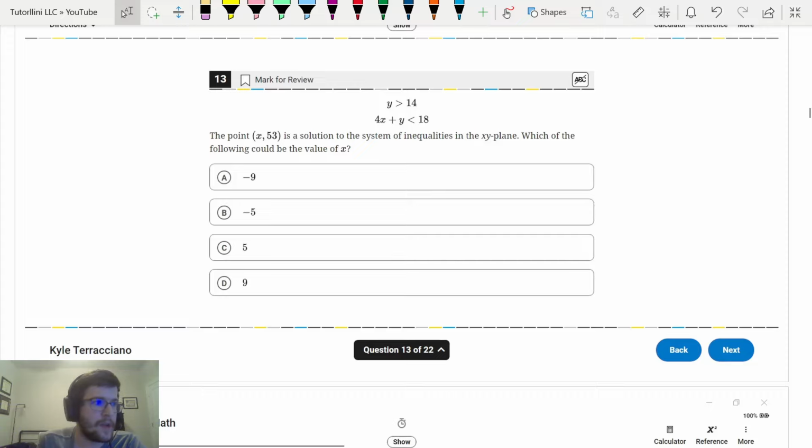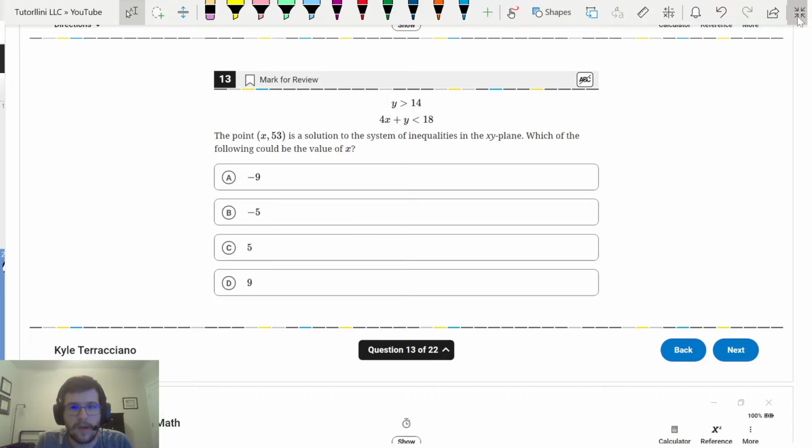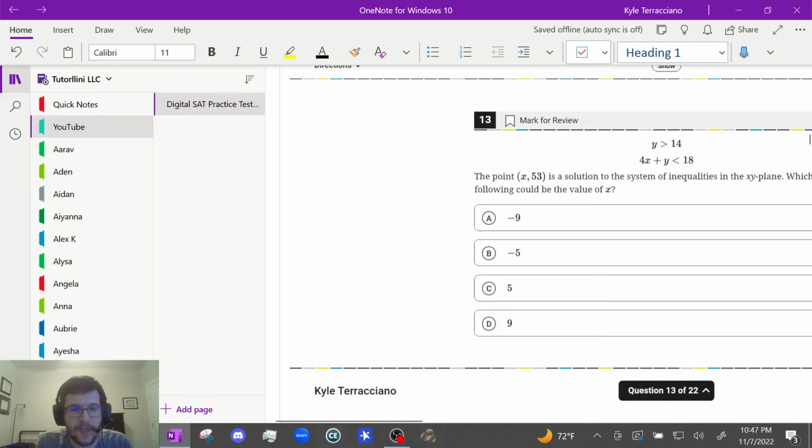Okay, so I actually think guessing and checking on Desmos is the best thing to do here. I mean, you could also guess and check the points. Probably about the same. I'm just going to show you how to do it on Desmos just for the sake of learning Desmos. I feel like that's important.